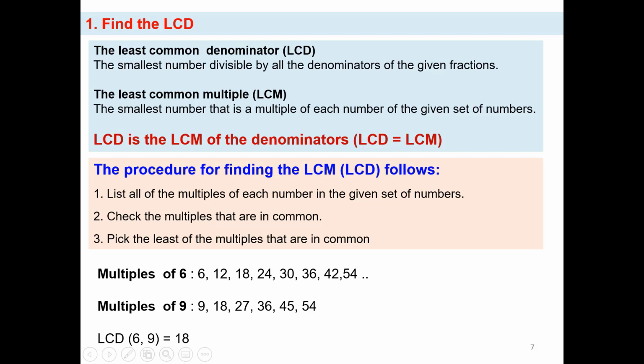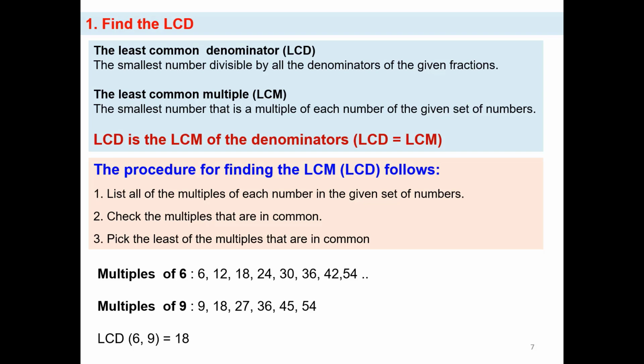Just remember, in the integer chapter, we said the divisors and the factors of a number are the same. This is why finding the least common denominator is the same as finding the least common multiple, because factors and divisors are the same.